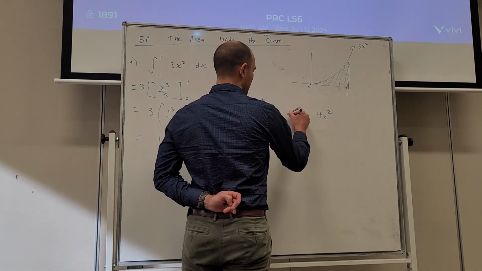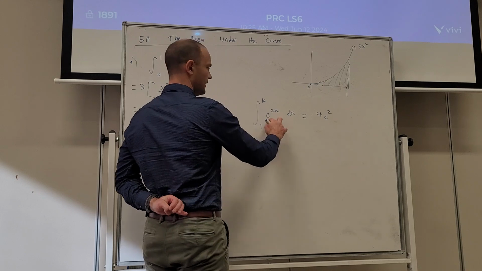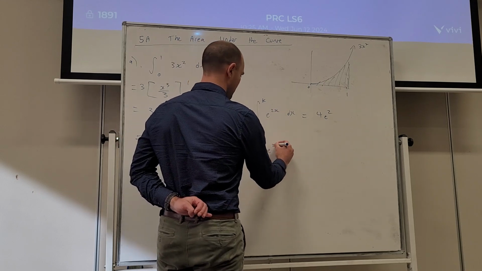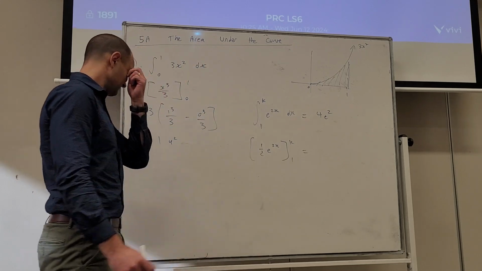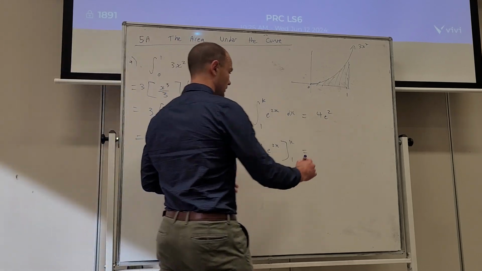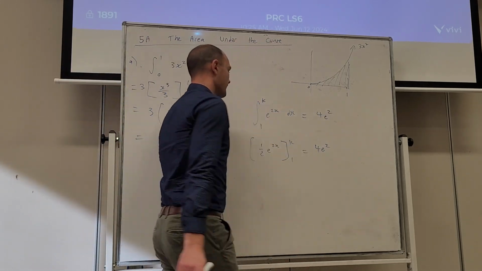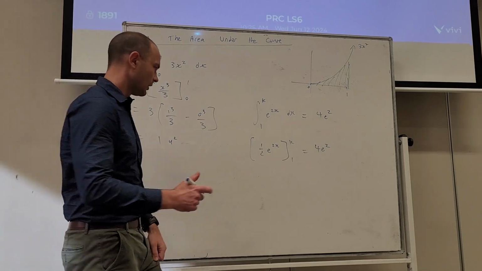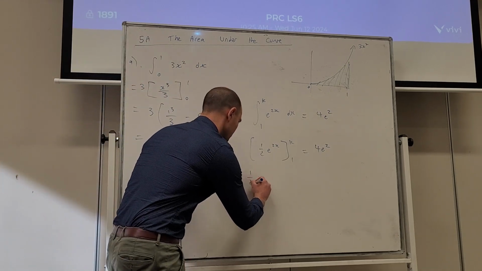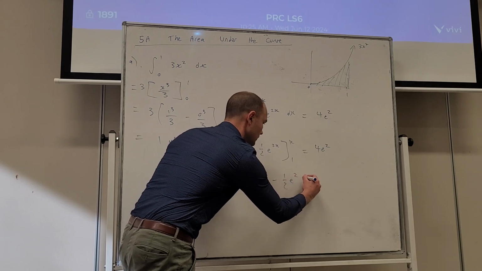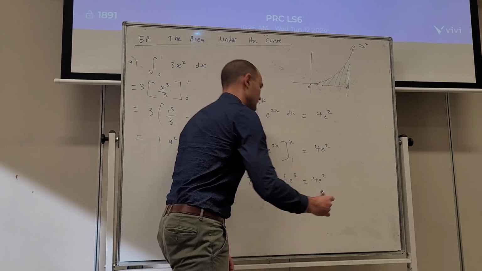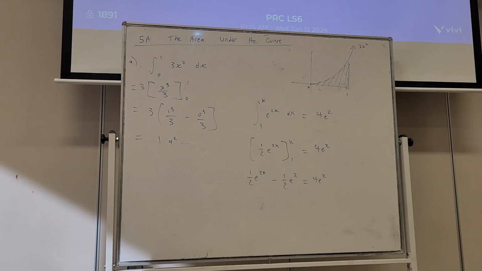Alright, so we'll integrate. Integral of e to the 2x is half e to the 2x. Sub in our upper and lower limit. And then we're looking to solve for k by itself.